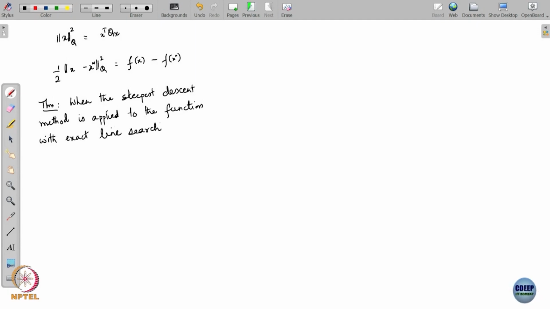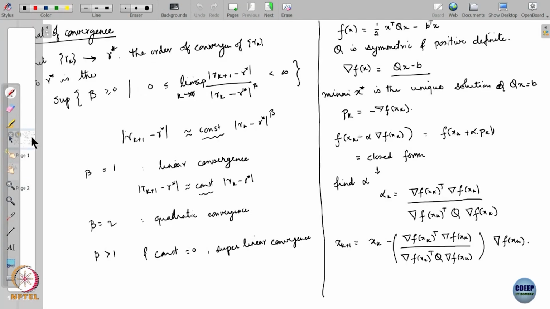What do I mean by exact line search? It is where we are finding alpha in closed form. What we did in the previous lecture, where we were looking for alphas that satisfied the Wolfe conditions, is called inexact line search, because we are not actually finding the exact minimum there. We are just putting conditions that alpha must satisfy.